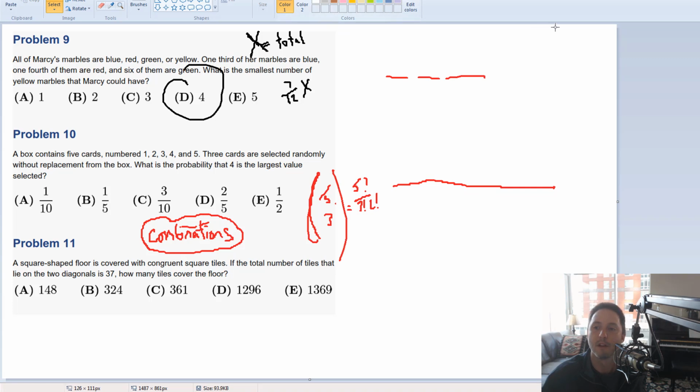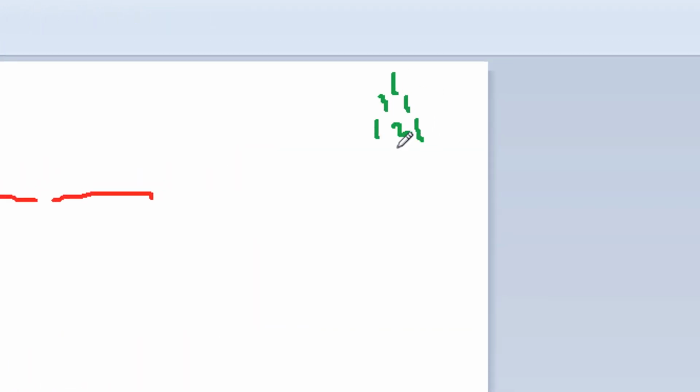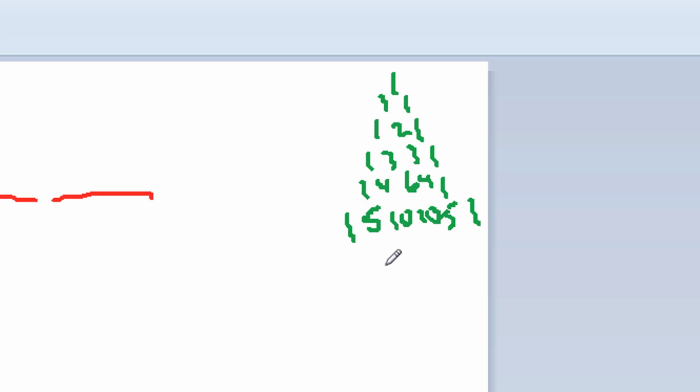And it's related, of course, for those of you that know, to the binomial tree. Should I write the binomial tree out? 1, 1, 1, 1, 2, 1, 1, 3, 3, 1, 1, 4, 6, 4, 1, 1, 5, 10, 10, 5, 1.